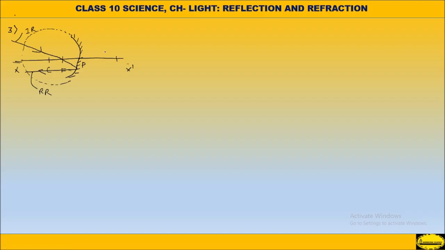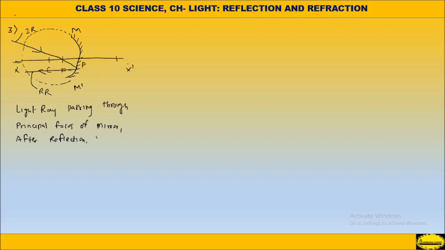Here M dash is the concave mirror. So we can write down here: light ray passing through the principal focus of the mirror, after reflection becomes parallel to the principal axis.